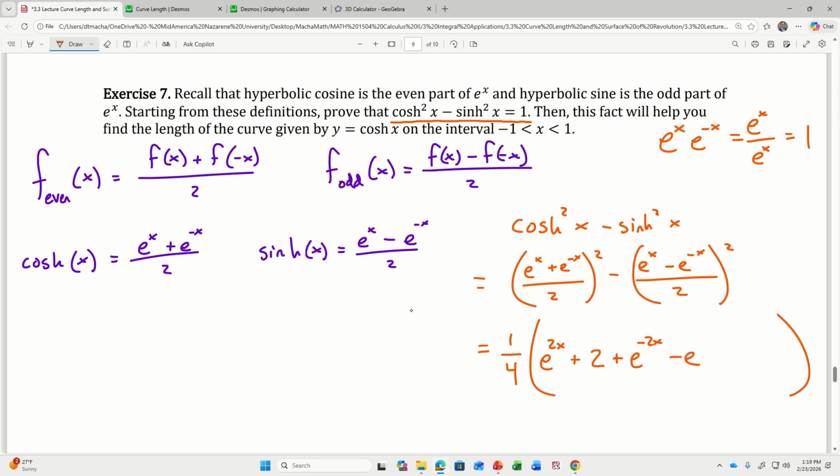Then minus e to the 2x, and the middle terms give negative 1, but I get 2 of those terms.